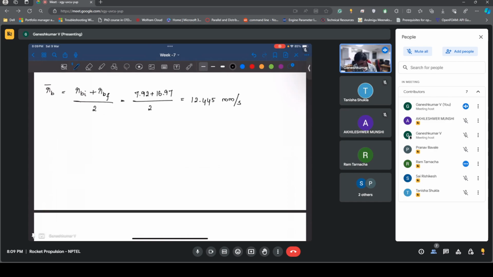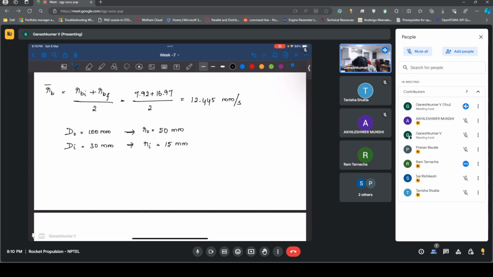Now the radius varies from the outer diameter of 100 mm and the inner diameter of 30 mm, which means the outer radius is 50 mm and the inner radius is 15 mm.